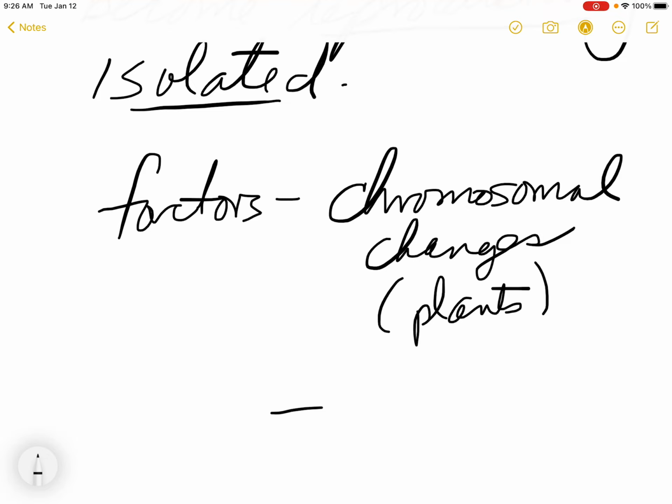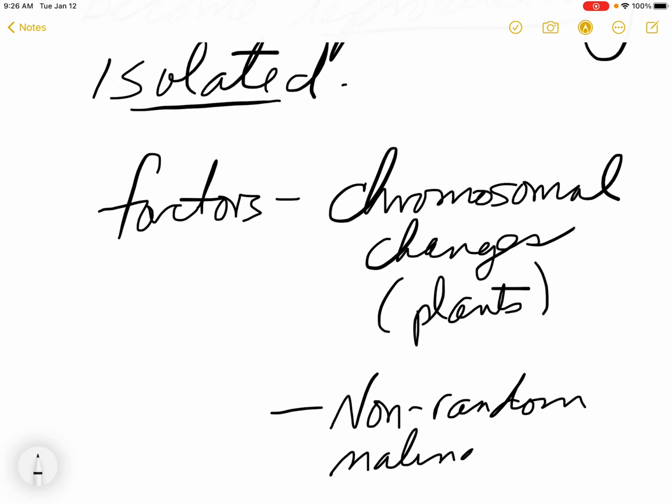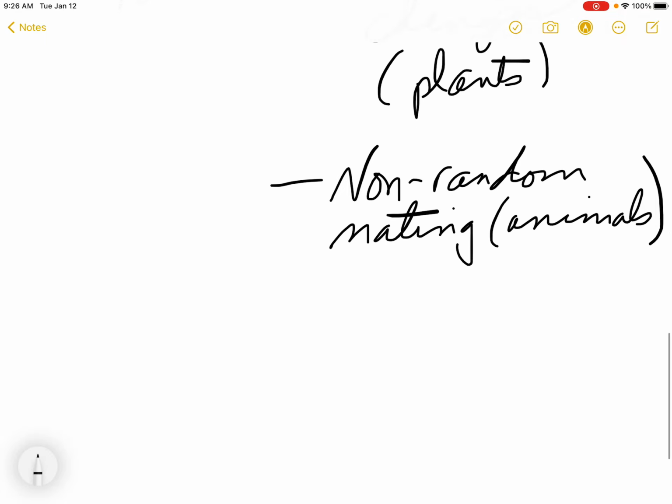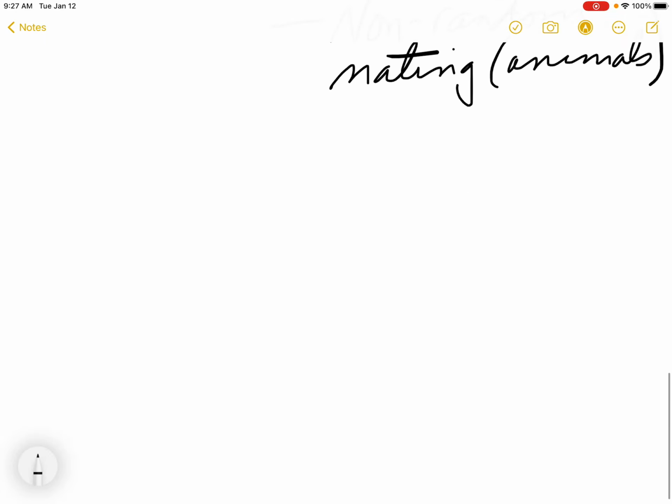And for animals, it's typically non-random mating. So factors that affect who the females are choosing. That's more of the mechanism for animals. So let me talk about what I mean by chromosomal changes in plants very briefly.